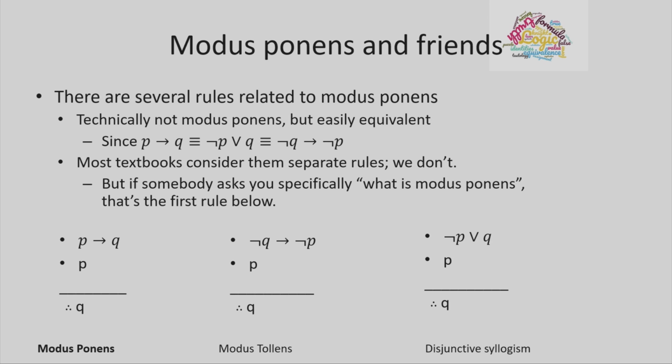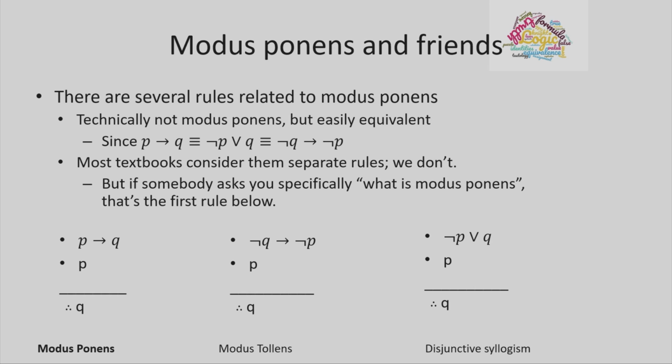But really, if you look at them, all of them are of the form, you know that P is true, and you know that P implies Q. Or maybe you know the contrapositive of P implies Q, which, as we just talked, is not Q implies not P. That's something equivalent.